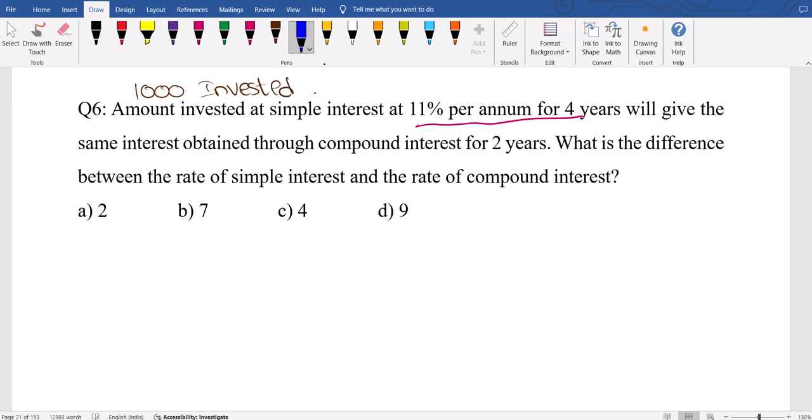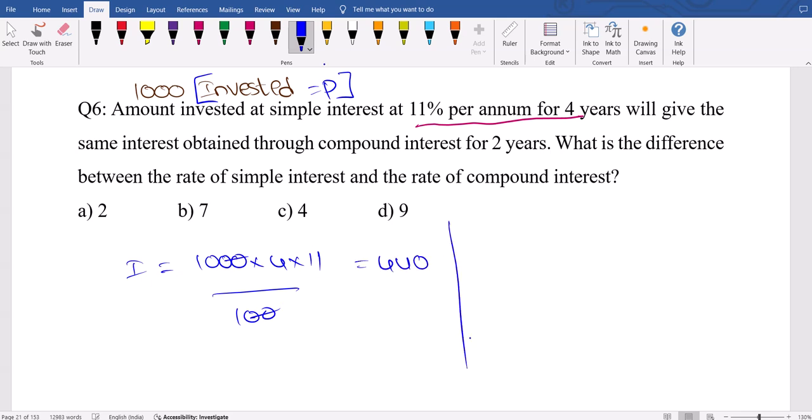Invested means principal. So what is simple interest? 11%, principal 1000, rate of interest, time, everything given. We got 440. Compound interest is also the same, they said 440 only. So for 1000, compound interest is 440 in 2 years, no?